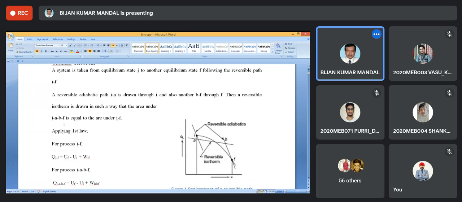Now the reversible isotherm is drawn in such a way that the area under IABF is the same as the area under the original curve IF.